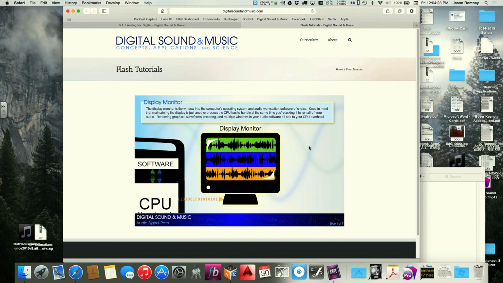The CPU says, I really don't want to drop out the audio, because that will not be good. So if I've got to offload something, I'm going to offload how often I refresh the screen. Maybe I'm refreshing it 100 times a second, and maybe I only have to refresh it 5 times a second, and that frees up some time to keep the audio flowing.